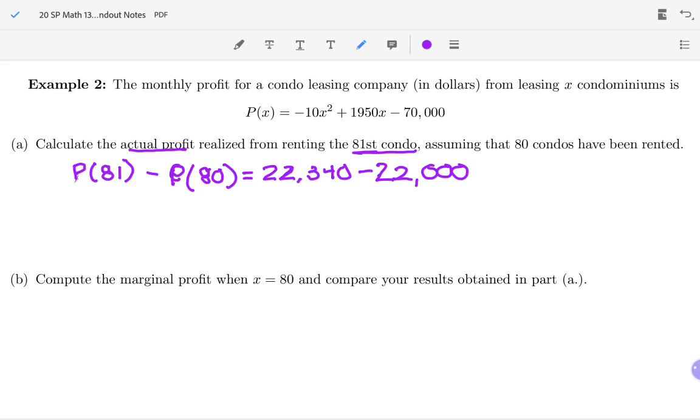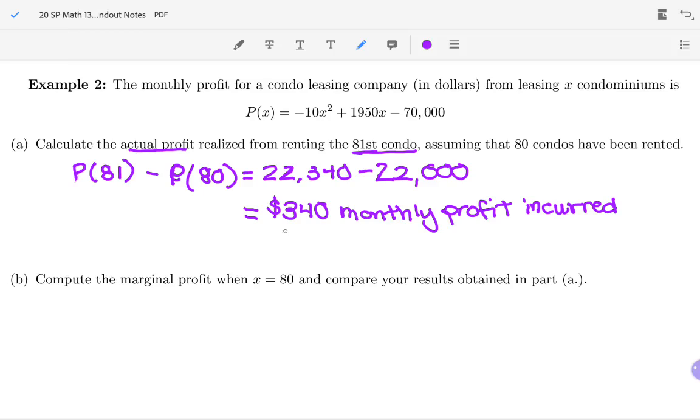So what is their actual profit for the 81st condo? So it's 22,340 for 81 minus 22,000 for 80. So the extra profit for that 81st condo, the difference is $340. So $340 is that monthly profit incurred from leasing.